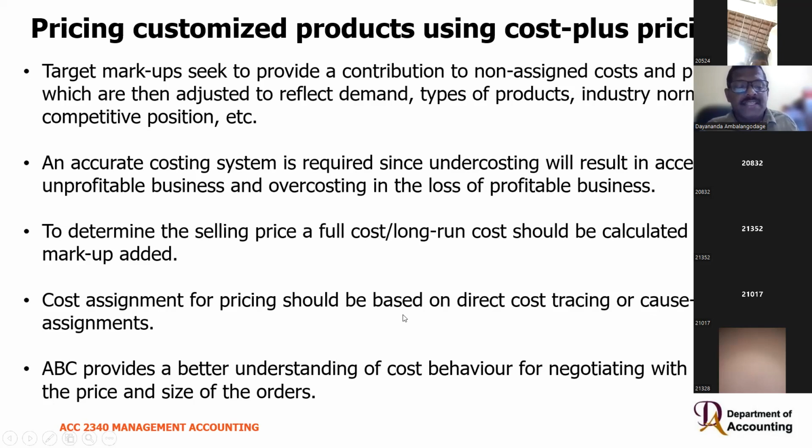You can remember we discussed job costing, absorption costing, blanket overhead rates, departmental overhead rates, ABC systems. Theoretically, people say that the ABC system will provide a better understanding of cost behavior, activity-based costing. That is about cost plus pricing.